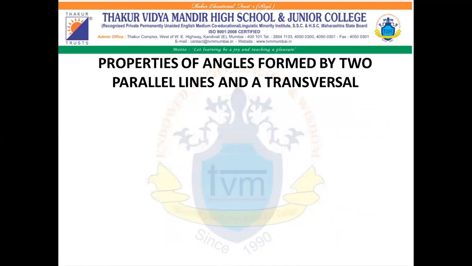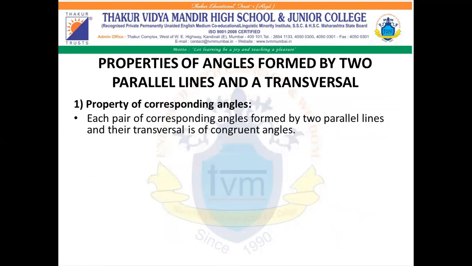Properties of angles formed by two parallel lines and a transversal. One, property of corresponding angles. Each pair of corresponding angles formed by two parallel lines and their transversal is of congruent angles.